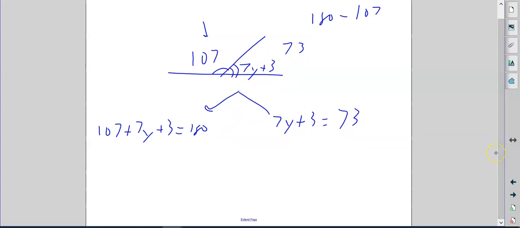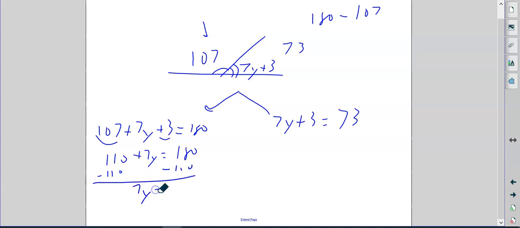Now, I'm going to get the same answer no matter what. So over here on the left side, I'm going to add my like terms again. Remember, I'm not moving anything until I'm simplified. So that's 110 plus 7y equals 180. Now I'm going to subtract 110.